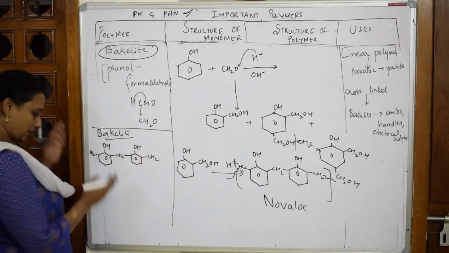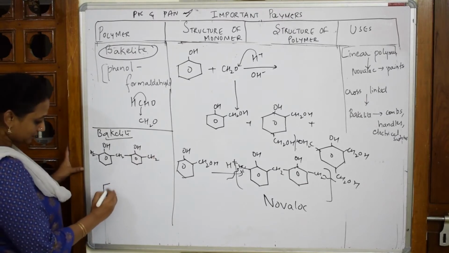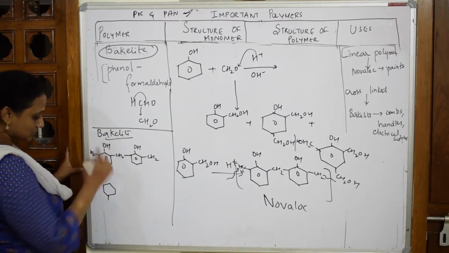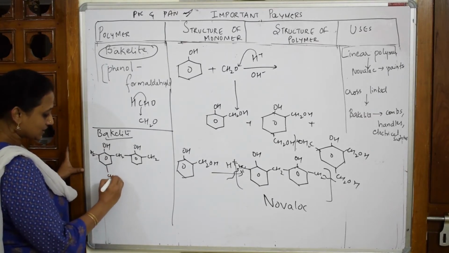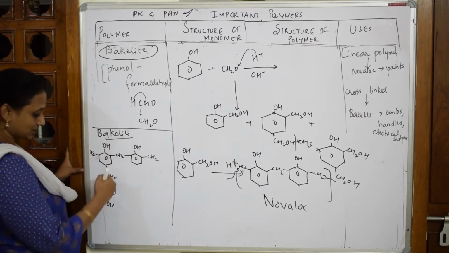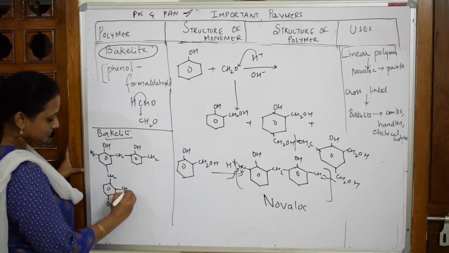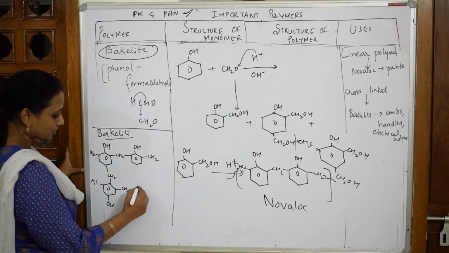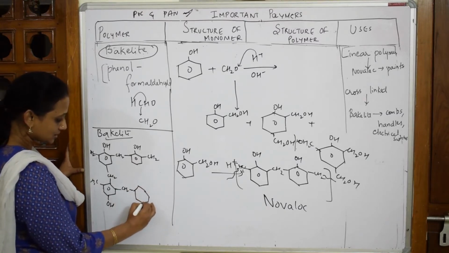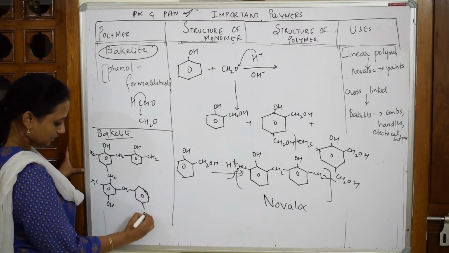Done. Now again one more layer. You also have one more layer down. This is OH, now this will be OH down. These two are linked by CH2. Cross links. Now again this is CH2, and this is again CH2 on this side. This is CH2, one more ring. Cross linked. OH below.